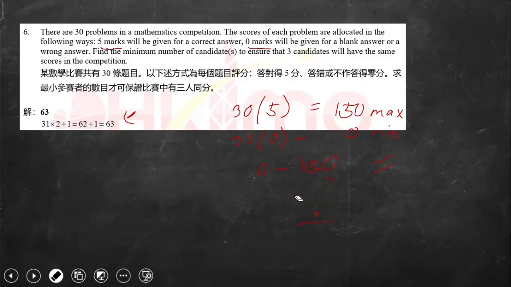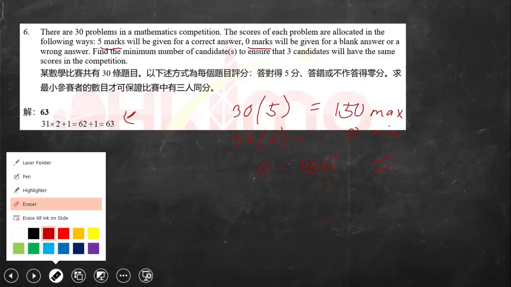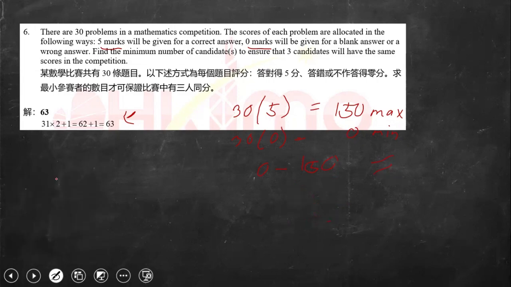So counting the number of scores from 0, 5, 10, 15, up to 145, up to 150, it's going to be 150 divided by 5, which is 30, then plus 1 because we have 0. So we have 31 total scores. Okay, so this is how we have 31 here.